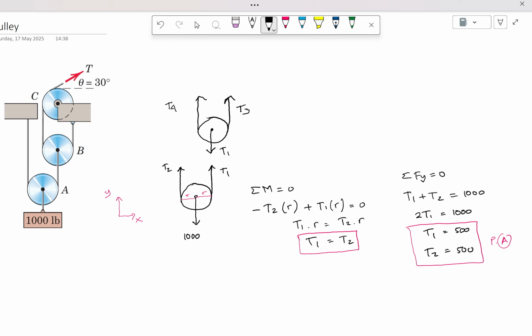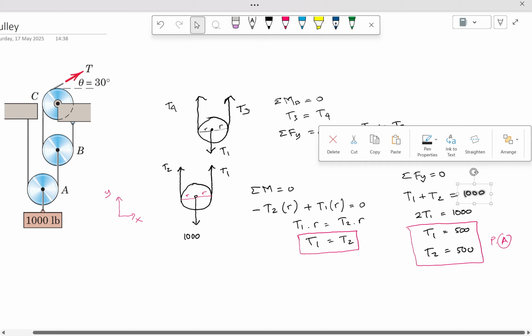If you realize, they also have the same radius R, so if you take sigma moment equals 0 again at B, the center of the pulley, the same way you proceed, you will prove that T3 equals T4.